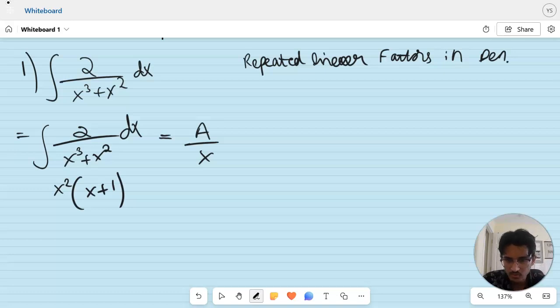Since we have a double, it's going to look like A over x plus B over x squared plus C over our third fraction, which is just going to be x plus 1.